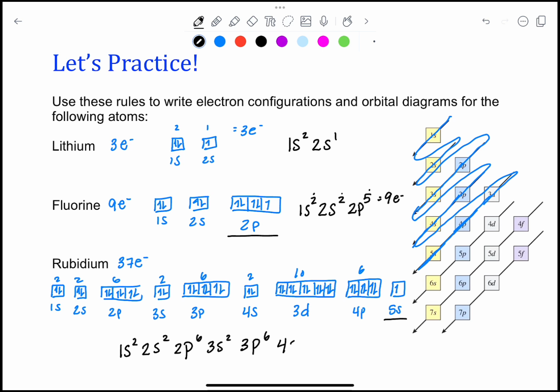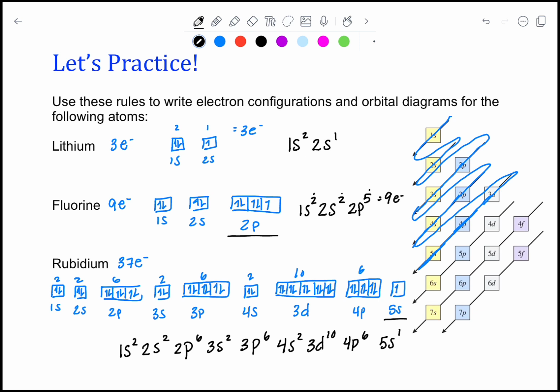In my 4s, I have 2 electrons. In my 3d, I have 10 electrons. In my 4p, I have 6 electrons, and in my 5s, I only have 1 electron. So my electron configuration is 1s2, 2s2, 2p6, 3s2, 3p6, 4s2, 3d10, 4p6, 5s1.